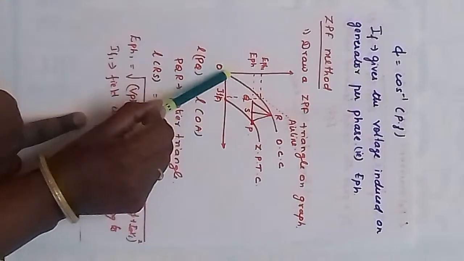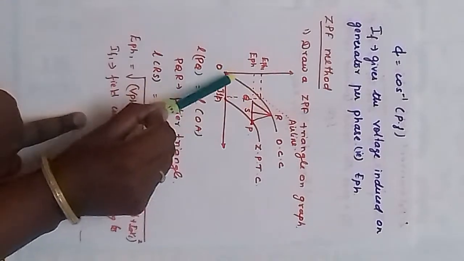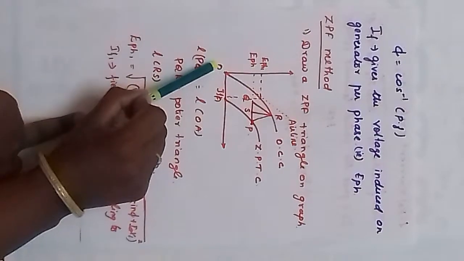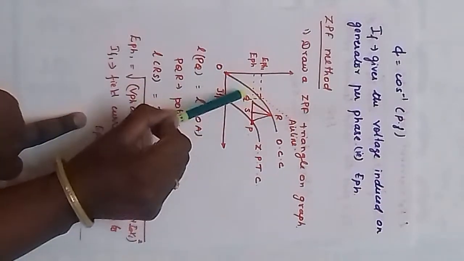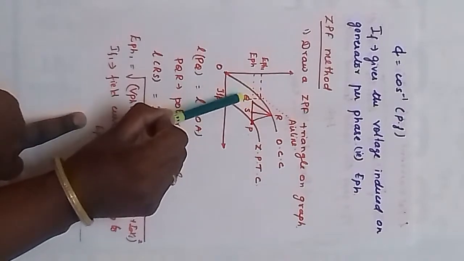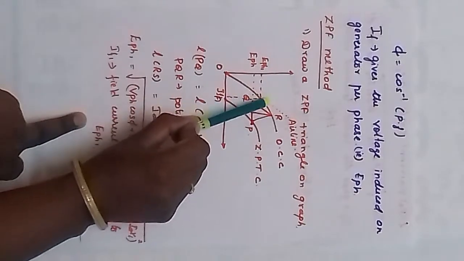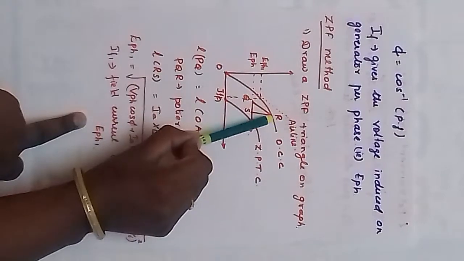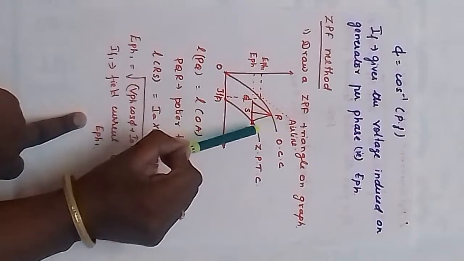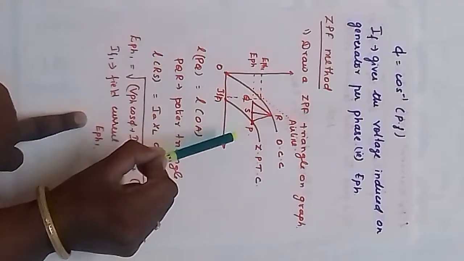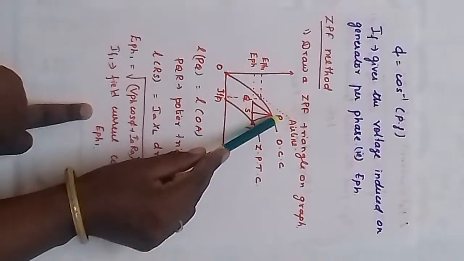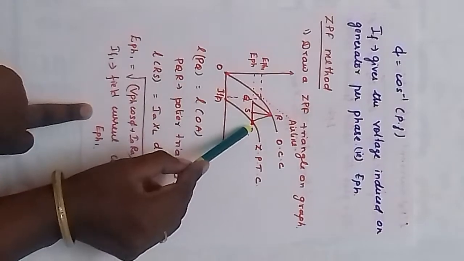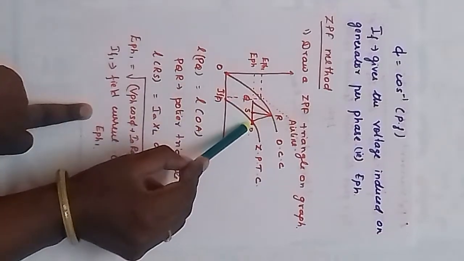And after this we have to draw the tangent line, or air gap line, from the point O. From point Q we have to draw a line parallel to the air gap line, and this cuts the OCC at point R. Join R and P, and this PQR triangle is known as the ZPF triangle.